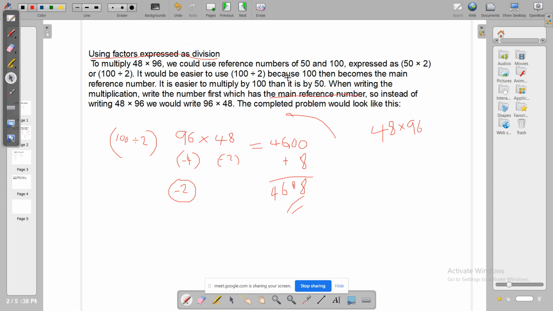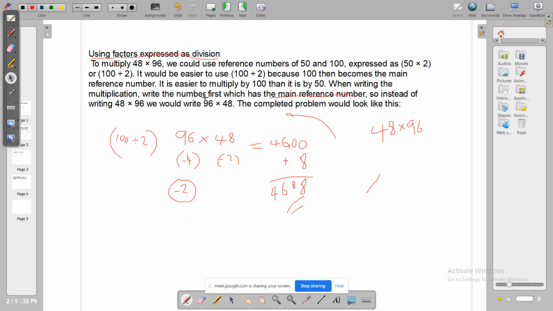Have you gotten that point? Okay. When writing the multiplication, you should write the number that contains the main reference number first. So if we want to use multiplication, here will be something like this.